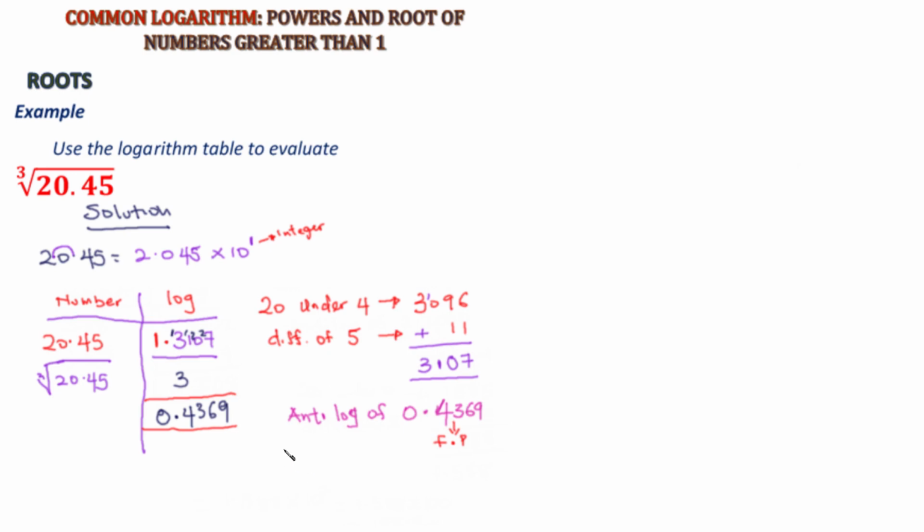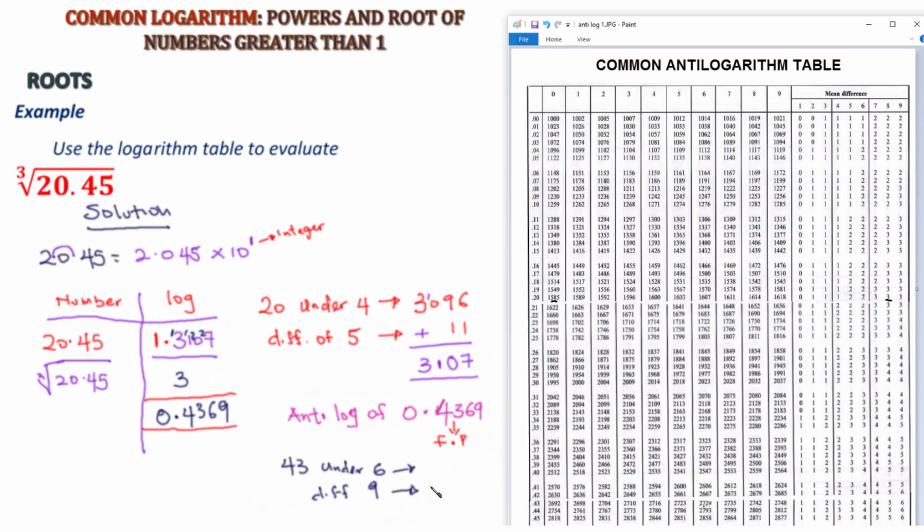How are we going to get the antilog? We are going to look for 43 on the anti-logarithm table under 6, difference of 9. Now let's check the antilog. That 43 under 6 is 2729. That's the anti-logarithm table. In difference of 9, that is 6.